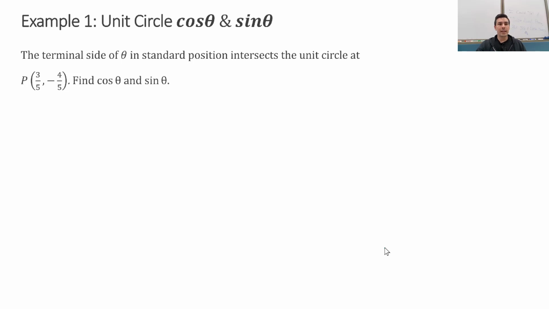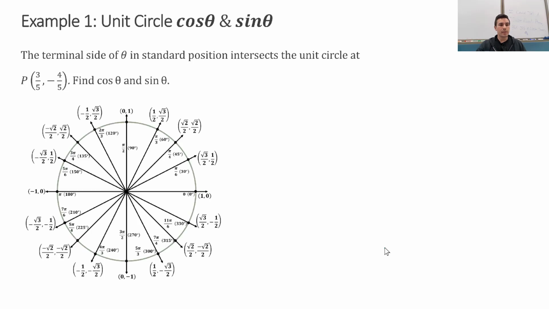So let's go ahead and get into some examples. Our unit circle, looking at cosine and sine. We have the terminal side of theta in standard position intersecting the unit circle at this point here. Find cosine and sine. So if I bring up my unit circle, notice I don't have coordinates 3/5, -4/5, right?